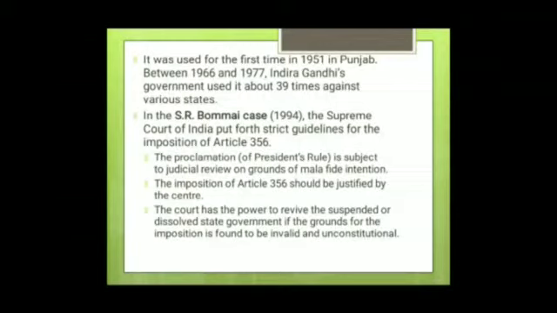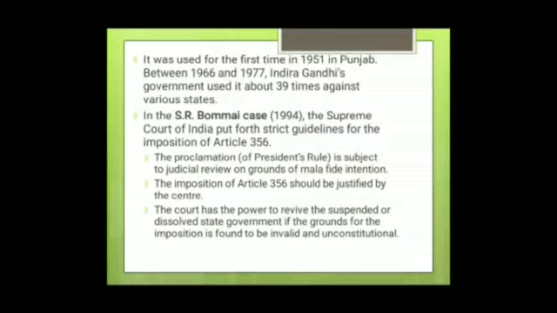The Supreme Court's guidelines: the first point, if you can read from here, is that the proclamation is subject to judicial review. Then the imposition of Article 356 should be justified by the Centre. Then the court said that it has the power to revive the suspended or dissolved state government. Court was given so many powers that it could even revive a suspended or dissolved state government if the grounds for imposition are found to be invalid and unconstitutional.